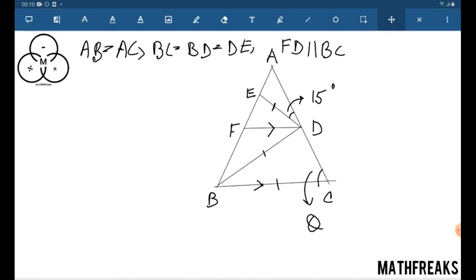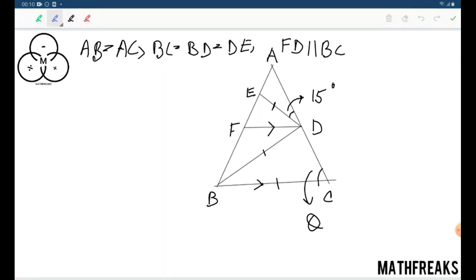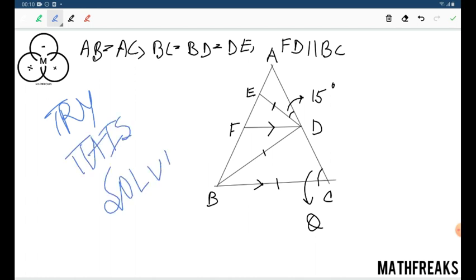We need to find the value of theta. Try this. Solve this.